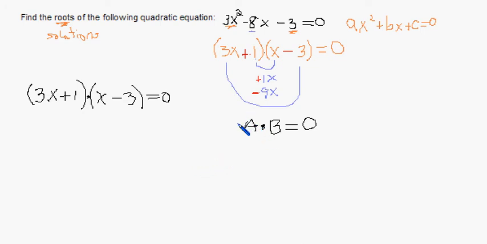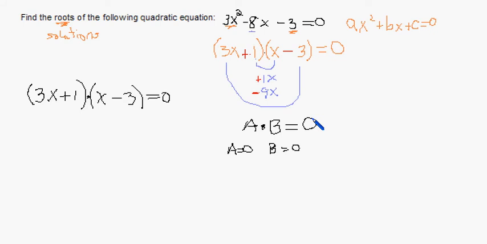Because imagine that a is 2. What number should b be so that at the end the answer is 0? Well, b definitely has to be 0 then. That is if a is some number that we know. Now if b is some other number and we're looking for a, well, a has to be 0. So either a is 0 or b is 0.